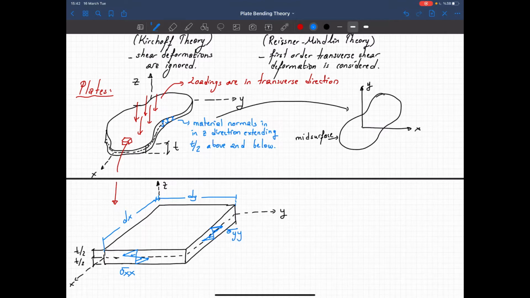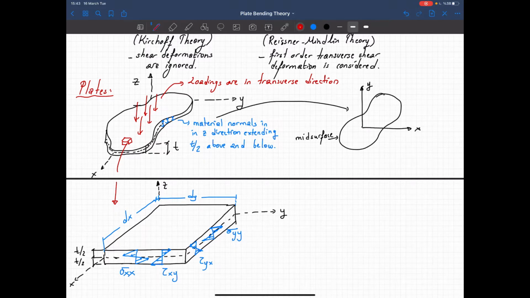So these are the axial stresses, and we will have the shear stresses in this way. So shear stress at the x face in the y direction. So I should have this same shear stresses in the opposite direction. Shear stress on the y face in the x direction.